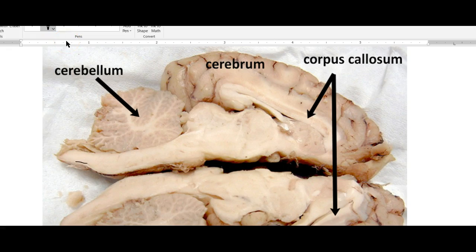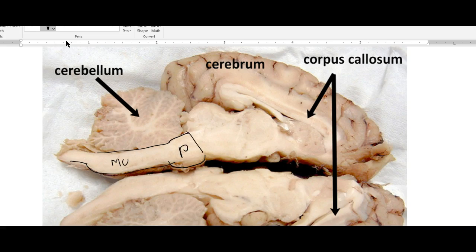So starting here, that's your spinal cord. Here's your first bump to there. So all of this is your medulla oblongata. Then you get your second bump from there to about here. This is your pons.